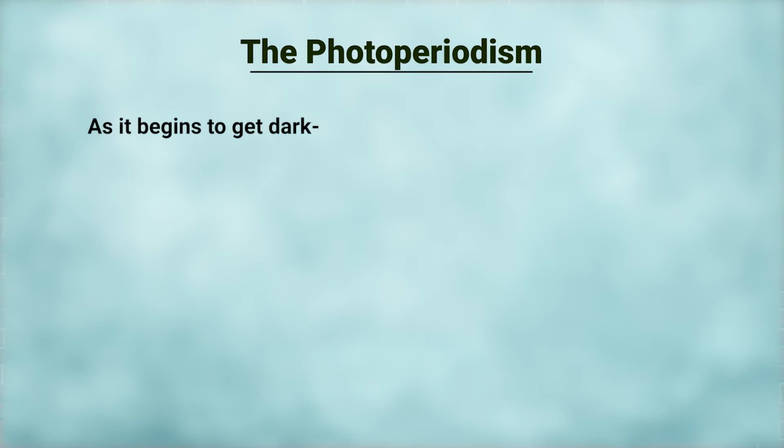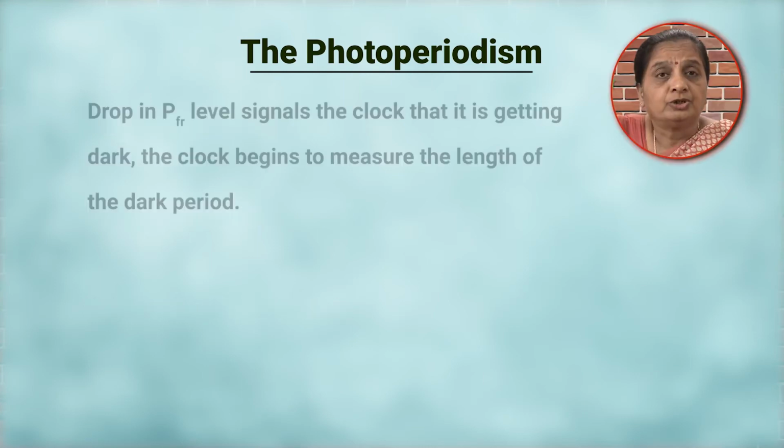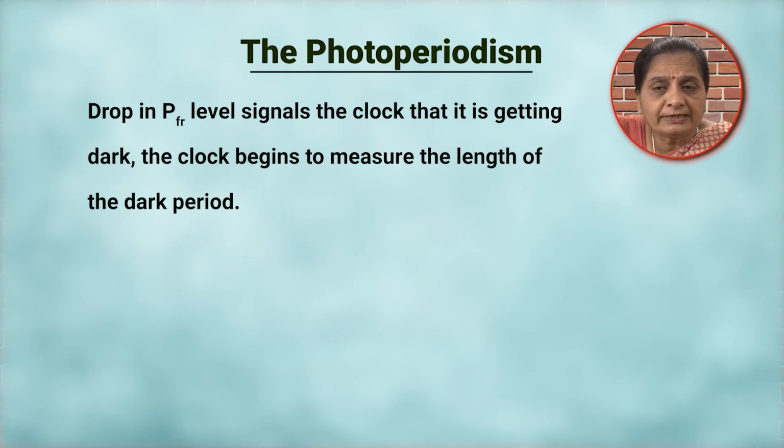As it begins to get dark, PFR begins to break down, some of it converted to PR. The drop in the PFR level signals the clock that it is getting dark. The clock begins to measure the length of the dark period.